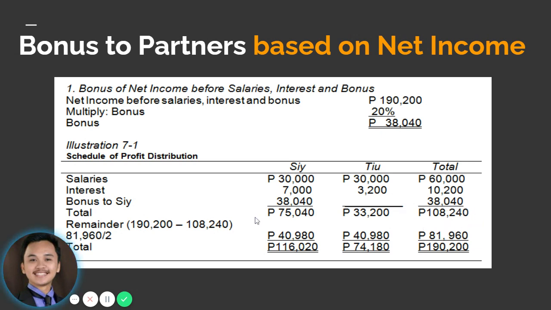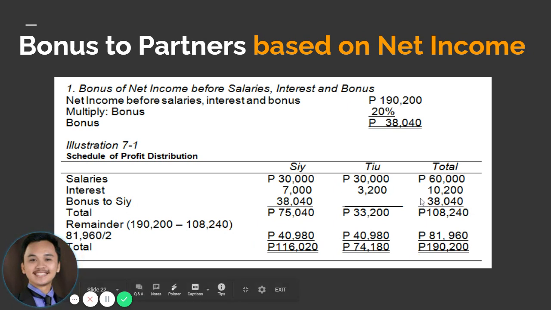So therefore, ang nabilin, 190,200 minus 108,240 will be 81,960, and that 81,960 will be divided by 2. So C will have 40,980 and Chu as well will have 40,980.